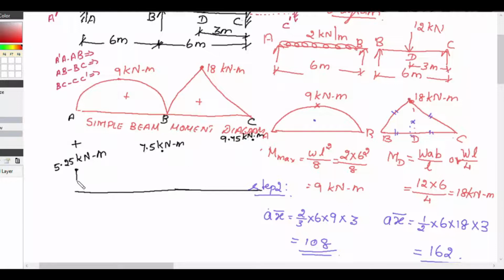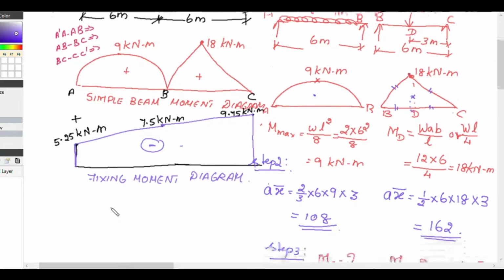So we draw the bending moment diagram: at A it is 5.25, at B it is 7.5, at C it is 9.75. This is everywhere negative. This bending moment diagram is called the fixing moment diagram, because this bending moment is due to the fixed support.